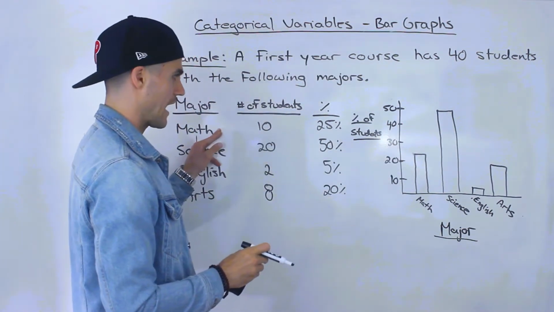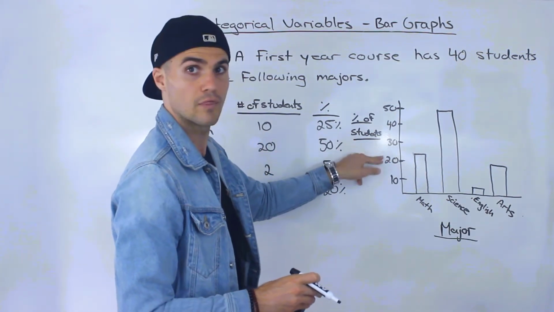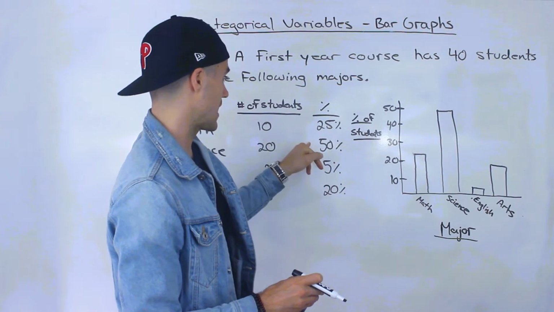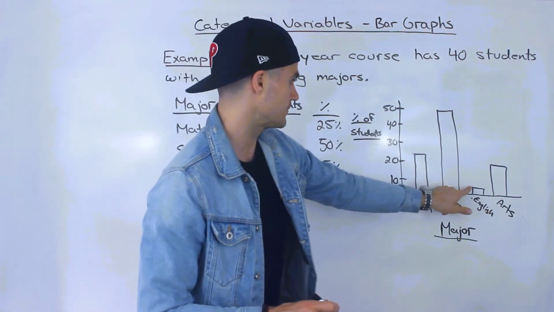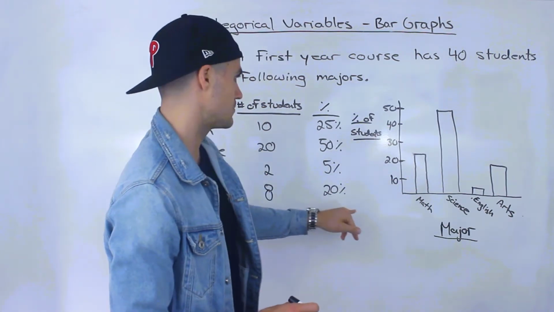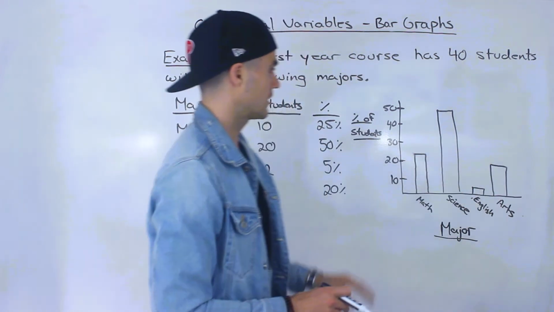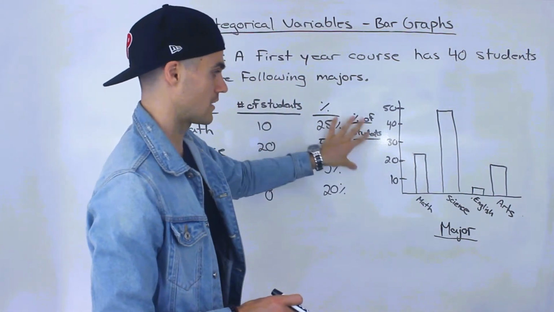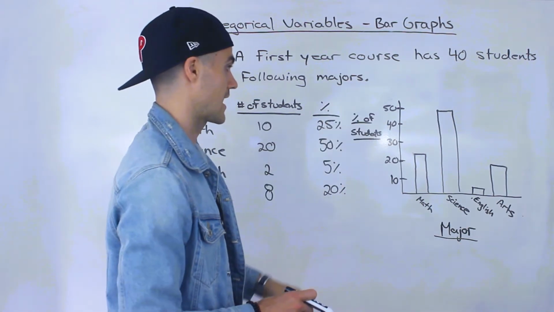So math is 25%, between 20 and 30, and then we'll have science at 50%, and then we'll have English at 5%, which is supposed to be in the middle between 0 and 10 there, and then arts would be at 20% right there. Okay, so this could be the percentage of the data as well, as a heads up.